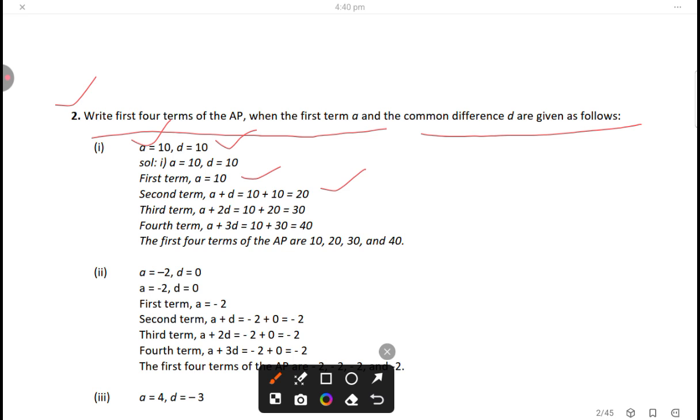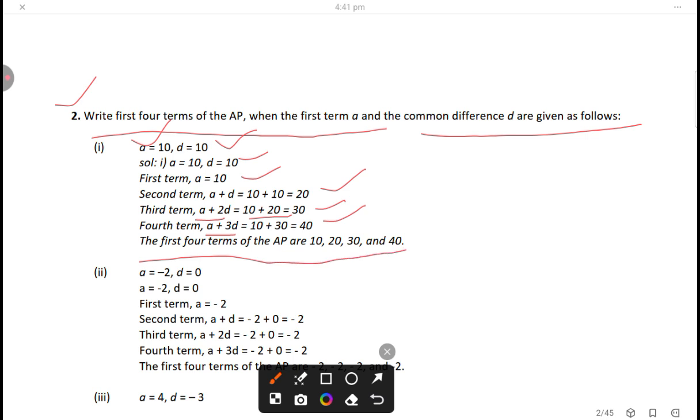Then the third term, A plus 2D. So A is the first term, difference is 10. So A plus 2D equals 10 plus 20 equals 30. Fourth term, A plus 3D. 10 plus 30 is 40. So the first four terms of the AP are 10, 20, 30 and 40.